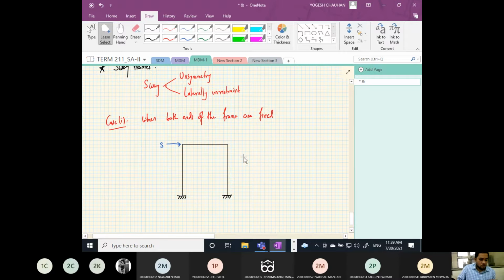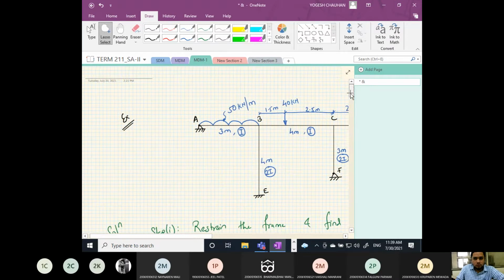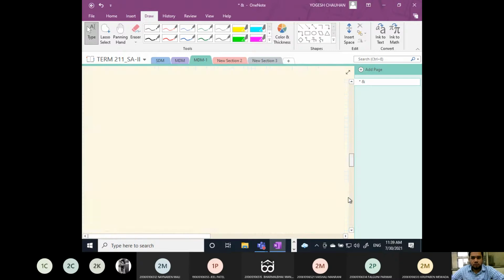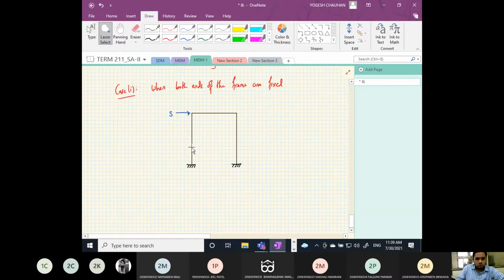So let us have the unsymmetry due to the geometry. So this one is the stiffer member.